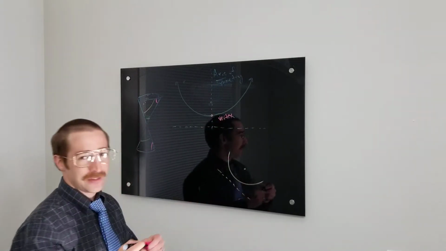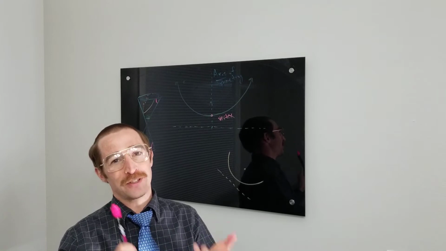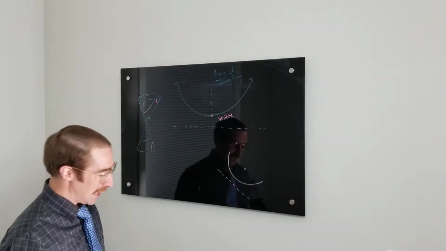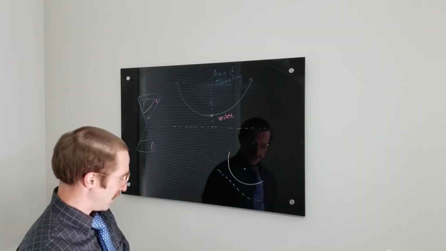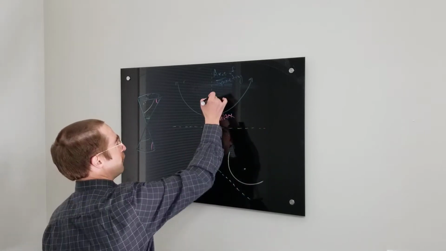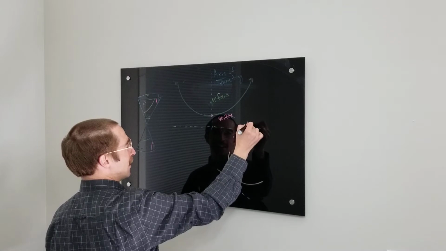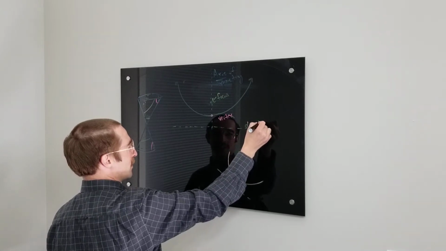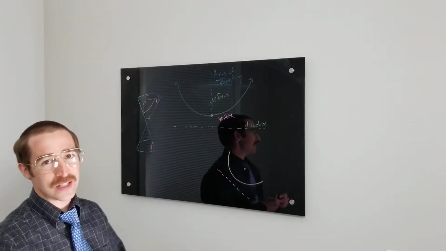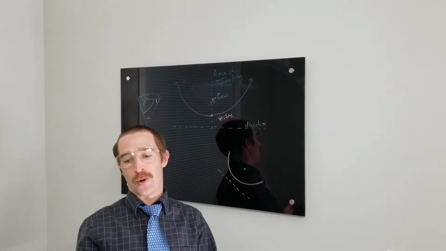Now, you all have learned about the axis of symmetry and the vertex in Algebra 1 and Algebra 2. Today, we are going to be looking at what are called the focus and the directrix. Those are two new key features for the parabola.